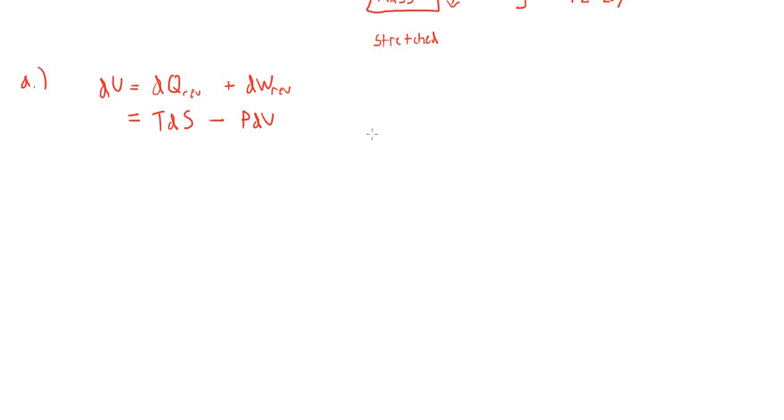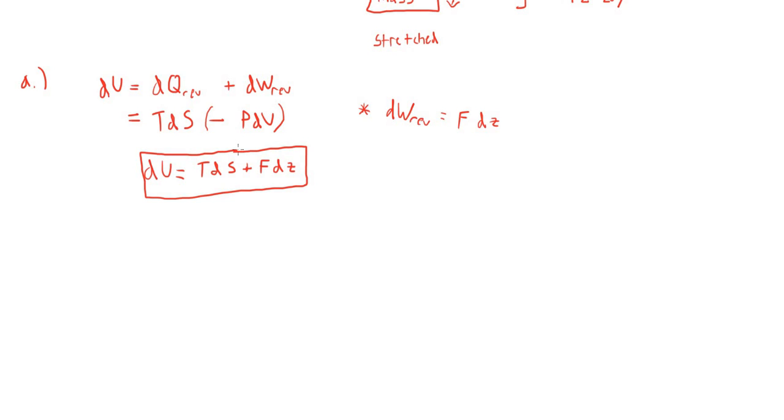So we're already given an expression for dW reverse from the problem statement. So what we can do now is just plug in this expression for this entire term right here. And this is our final expression for dU in part A.